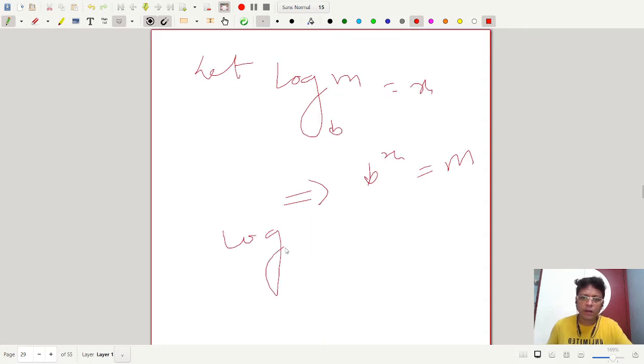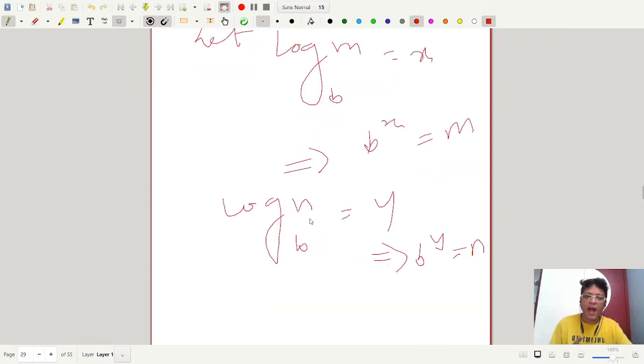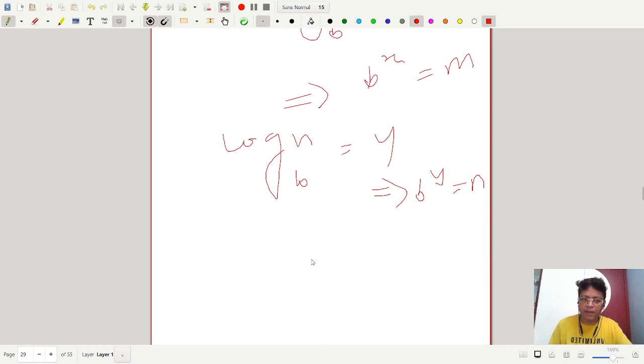And let log n base b equal y. Then from the definition of log, b to the power y equals n. Clear? So I'm supposing log m base b is x, which implies b to the power x is m, and log n base b is y, which is b to the power y is n.